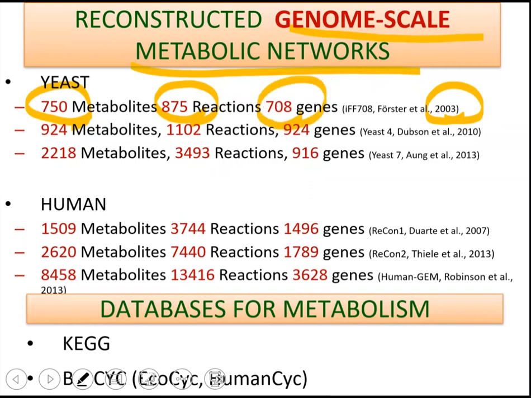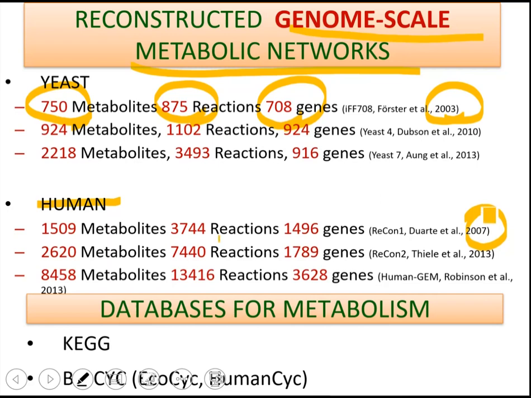And currently we have a much larger genome-scale metabolic network. With the improvement in our scientific knowledge, those genome-scale organism-specific metabolic networks are updated every couple of years. For human, for example, they published the first human genome-scale metabolic network in 2007.